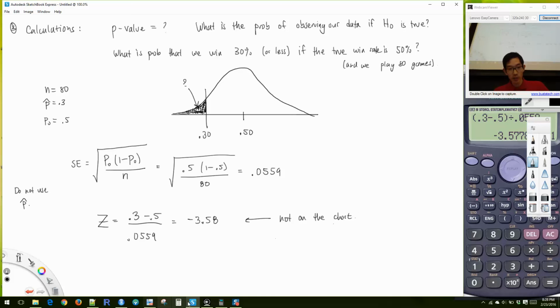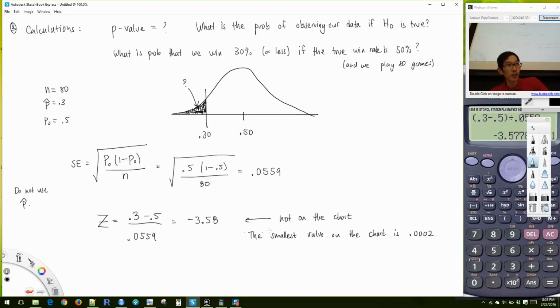The smallest value that shows up on the chart is 0.0002, okay?